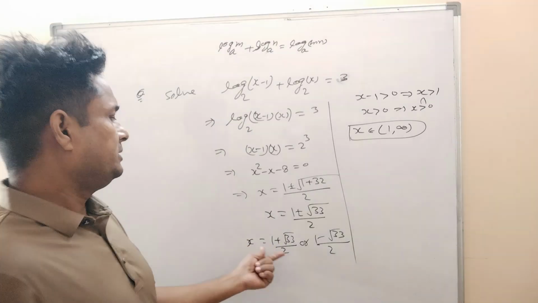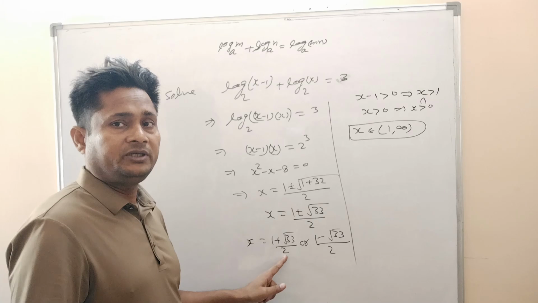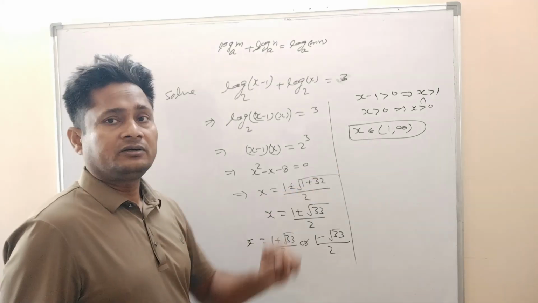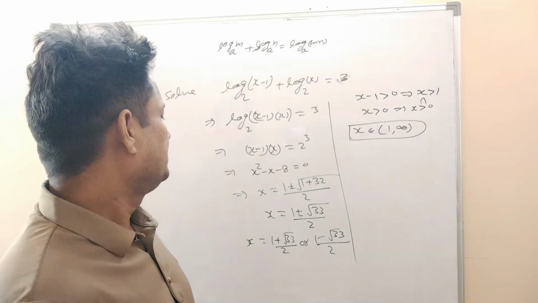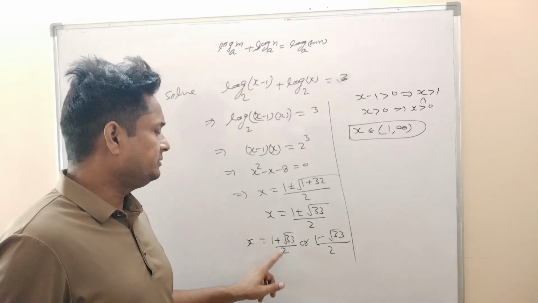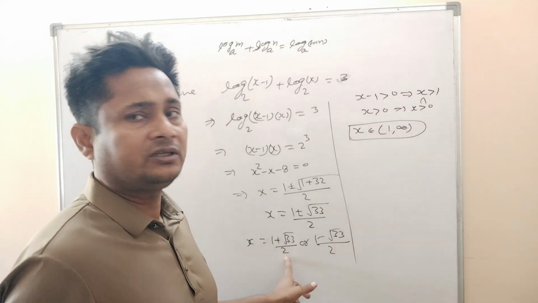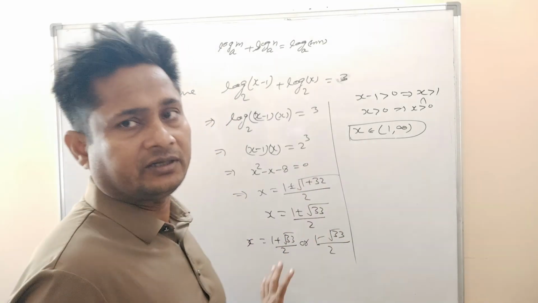So check the answer: will 1 plus root 33 by 2 be in this interval or not? Root 33 will be 5 point something. 5 plus 1 will be 6 point something, and if you divide by 2, it will be 3 point something. 3 point something will lie in this interval, so this is the correct answer.